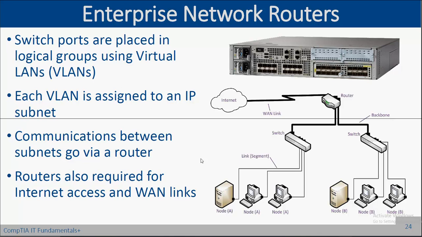Each VLAN is assigned to an IP subnet, and we'll talk more about this as we move on. Communication between subnets goes via a router. Even though you could use switches and create VLANs, the whole concept is that you have a router and then you have switches, and if you want to create another subnet, then you just join that router to another one, and so forth.